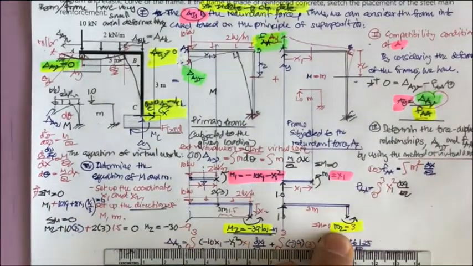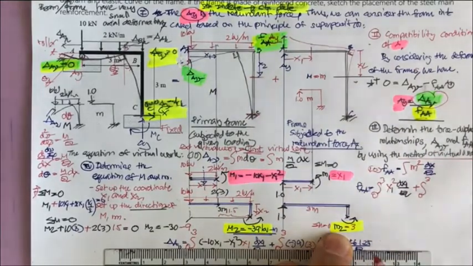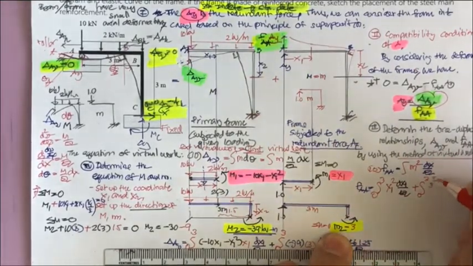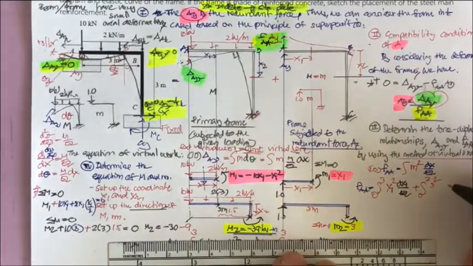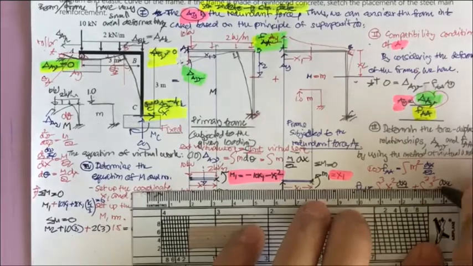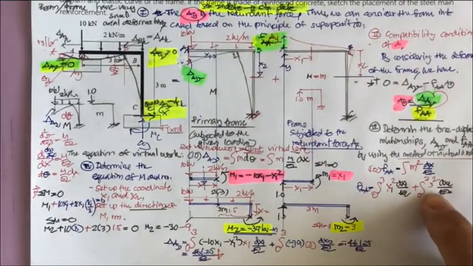And the other one is here, plus 0 to 3. This is going to be 3 square, and dx2 over EI. Okay, this is going to be 9 times 3, 27 for sure.